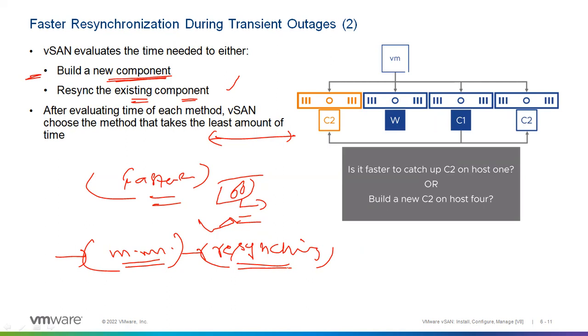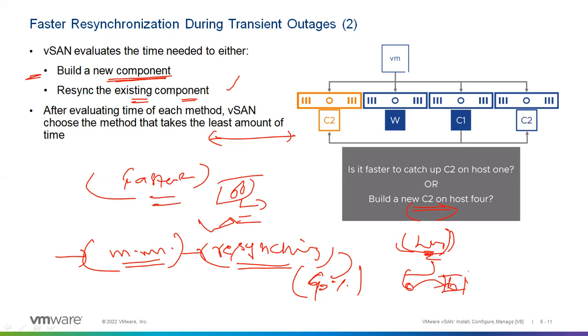Okay, sir. But what vSAN is now saying is that it all matters which is the faster one, whether it's better to resync it or to rebuild the new one. Wherever less time is taken, it will take that decision. Definitely, out of 100%, 90% of cases would be resync, because rebuilding a new component takes an equal amount of storage. It's an entire new build, so it will take more time.